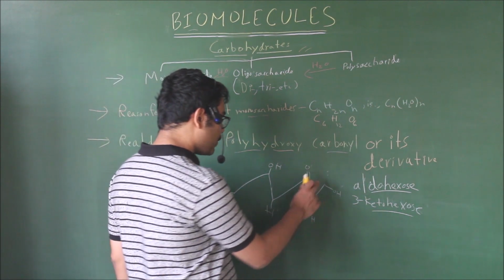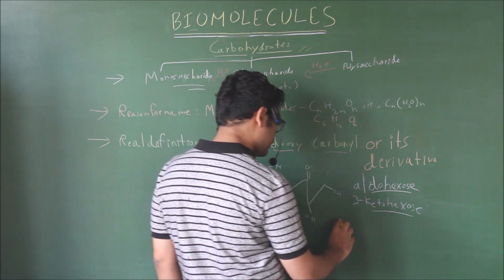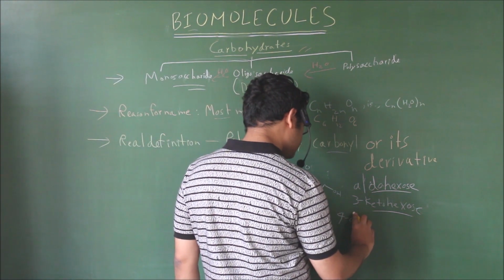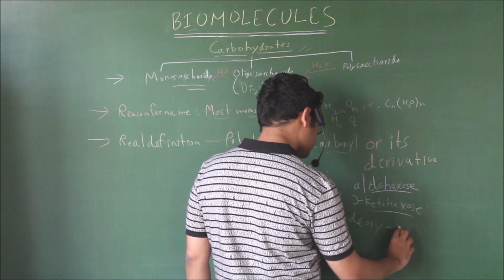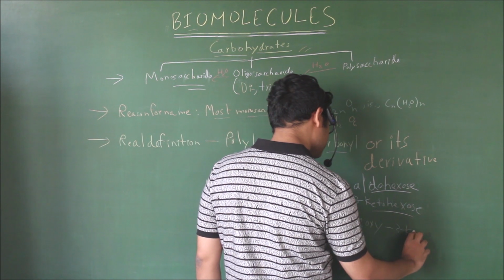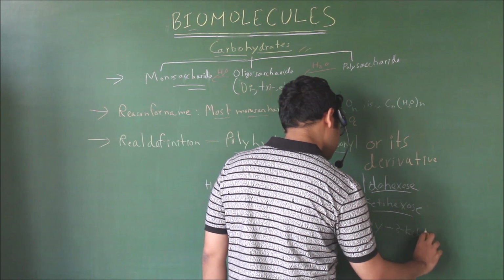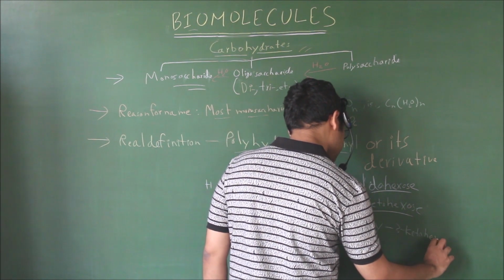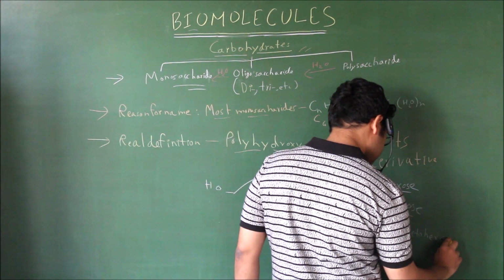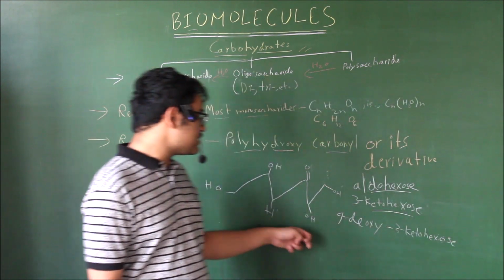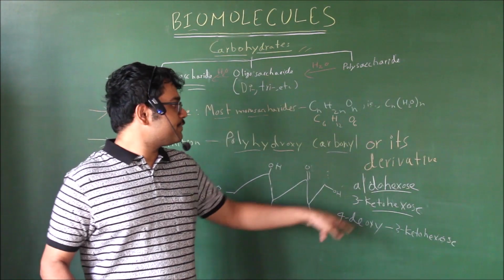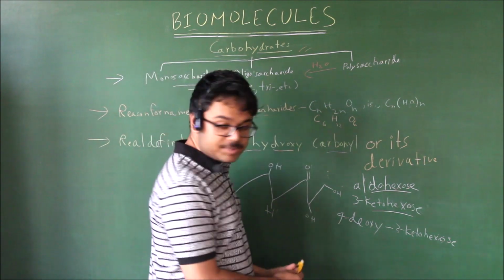So this is the 4th carbon, and this would be what is called a 4-deoxy 3-ketohexose. And here is our first example of something that doesn't satisfy this generic rule.